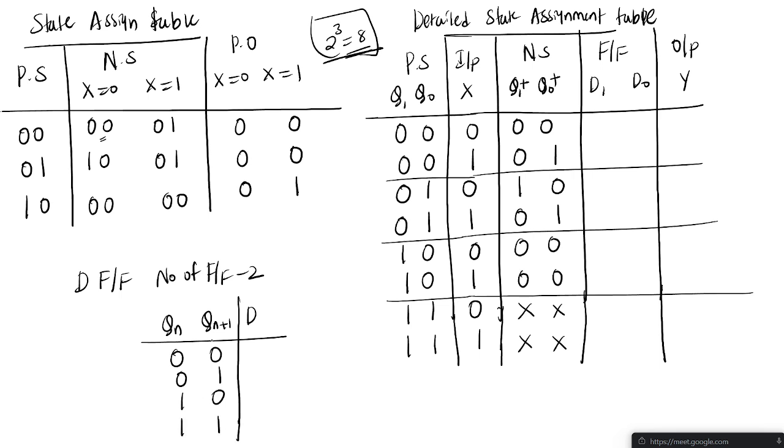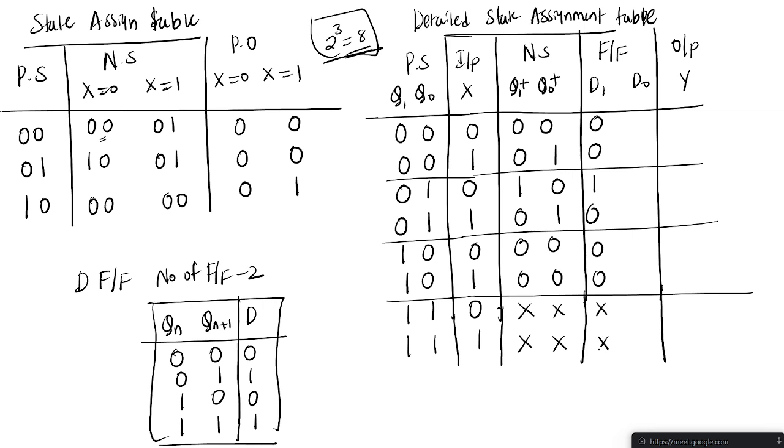There I said, whatever the Qn+1 is there, that will come into D, no. So that is the beauty of D flip flop. Whatever the next state values are there, directly you can write. No need to remember. Okay, this is 00, 10, 00. Don't care, don't care.